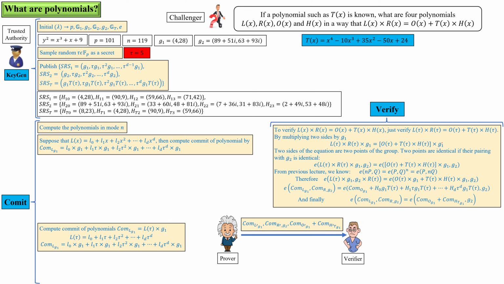without knowing the polynomial. So we assume that the prover knows the value of tau.